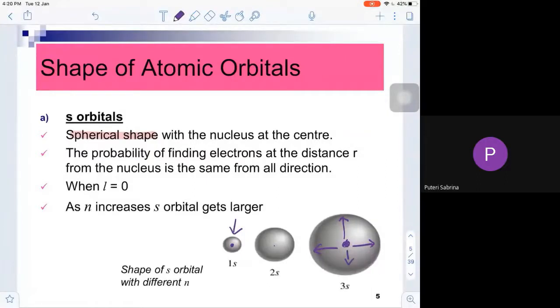And we get this s orbital when the L value is equal to 0.